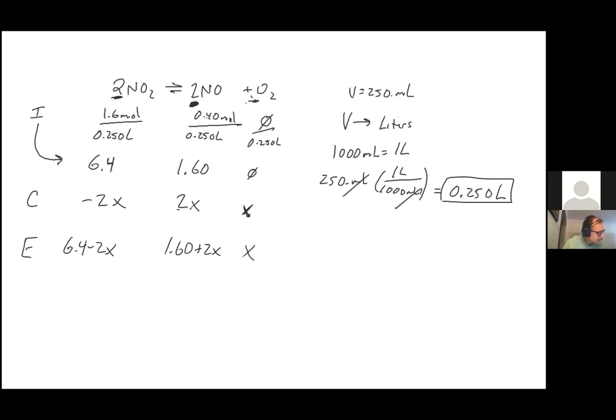So all I'm doing in the equilibrium step is I'm taking the initial molarity and then adding to it the change. Initial plus change equals final or equilibrium. So 6.4 plus a negative 2x is 6.4 minus 2x. 1.60 plus 2x is 1.60 plus 2x, and 0 plus x is just x. So really now, here's what we would do.